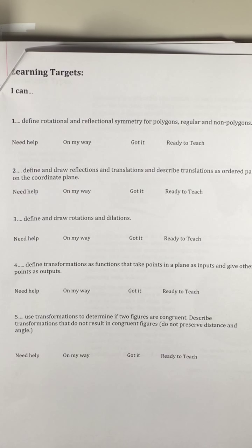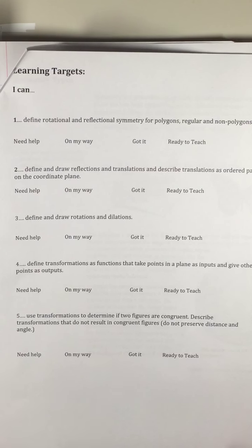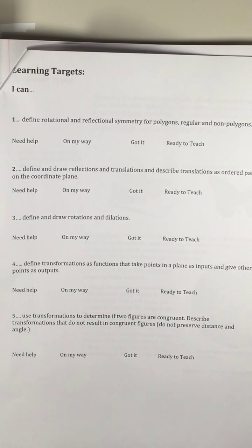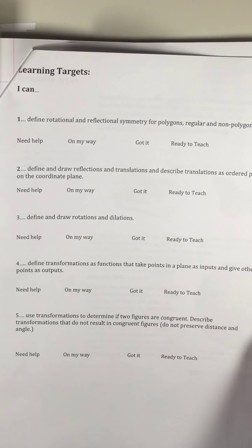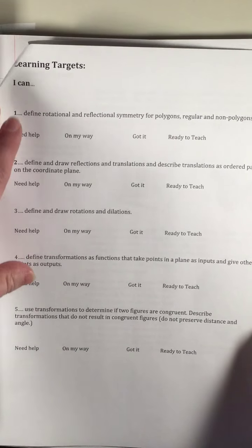So I want to go ahead and define what transformations are. And then I'm going to let you guys read about the different types of symmetry that we find in objects that's already in your packet, and then answer some questions about those different types of symmetry. So if you could have your composition books out and open, I'm going to take some notes here on what transformations are.